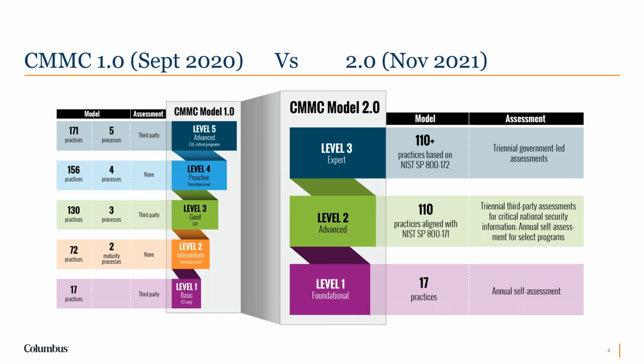Level 2 is going to be every 3-year third-party assessments for critical national security information. So most of the people will be under level 2, but level 3 is going to be for those dealing directly with the Department of Defense on critical military infrastructure or arms and ammunitions, right? And so level 3 is the most stringent.